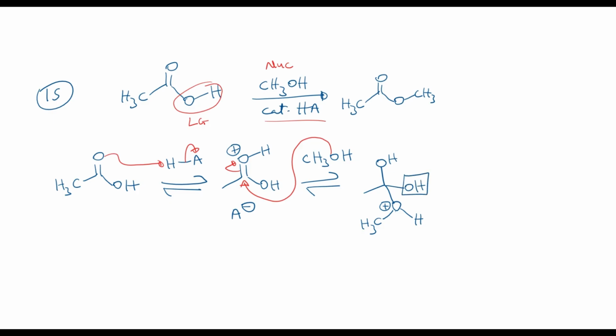Recall that this is a bad leaving group. So we need to make it into an excellent leaving group. To do that, we have to do proton transfer. So we're transferring this proton from here to this oxygen. And to do that, the oxygen is going to grab the proton.